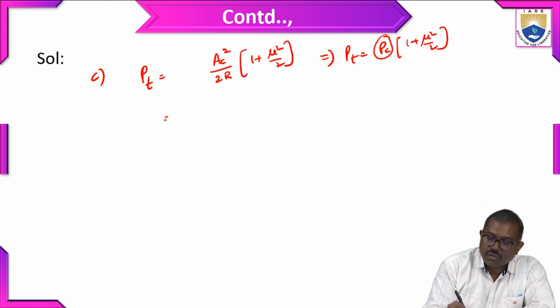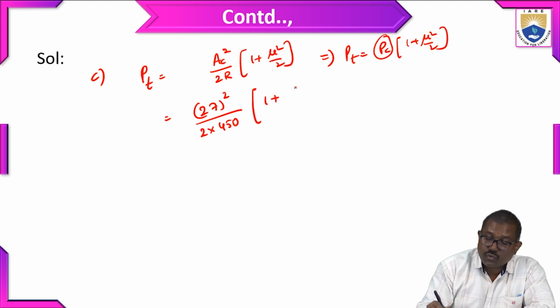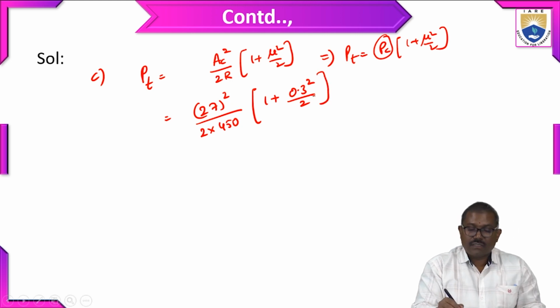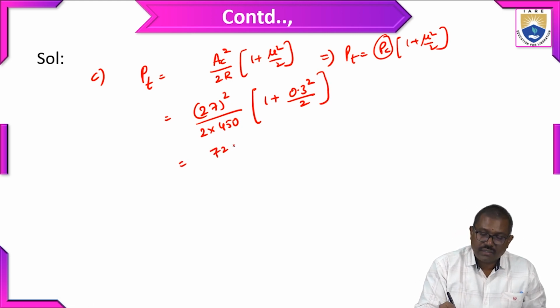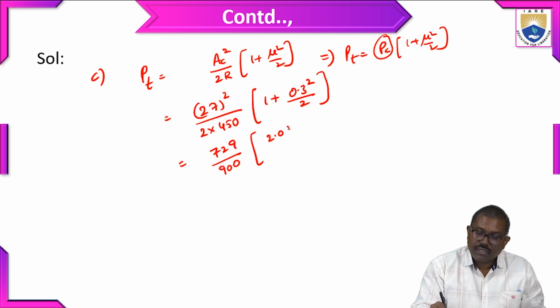Okay. So AC is 27 whole square divided by 2 into 450 into 1 plus mu square. Mu value is 0.3 square divided by 2. Okay. So for this, 729 divided by 900 into 2.09 divided by 2.